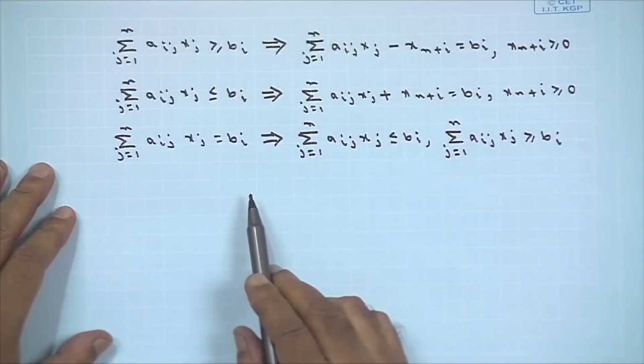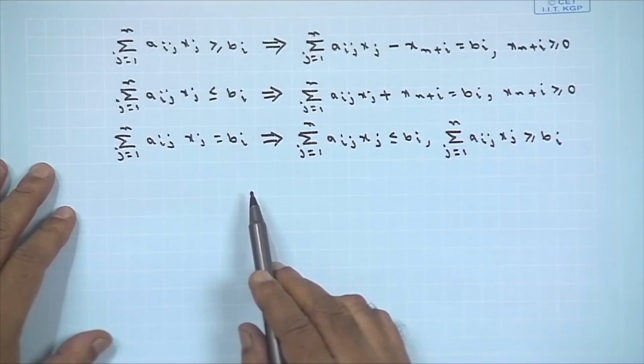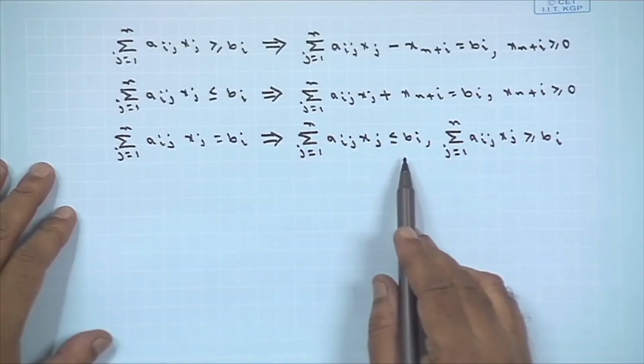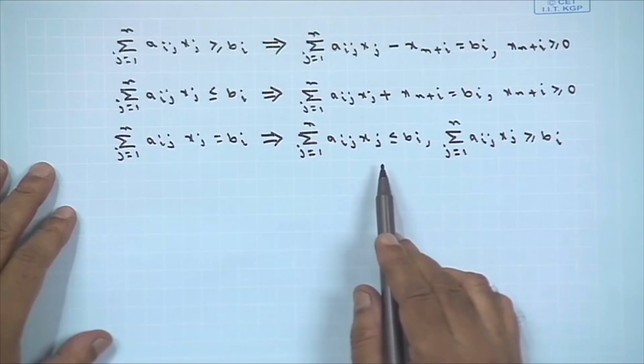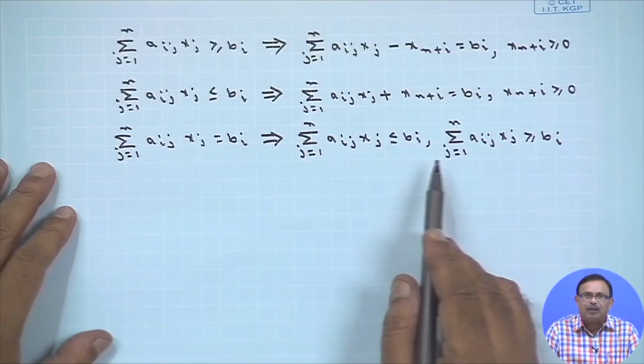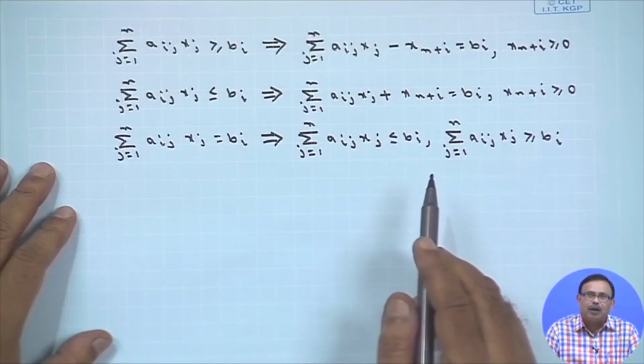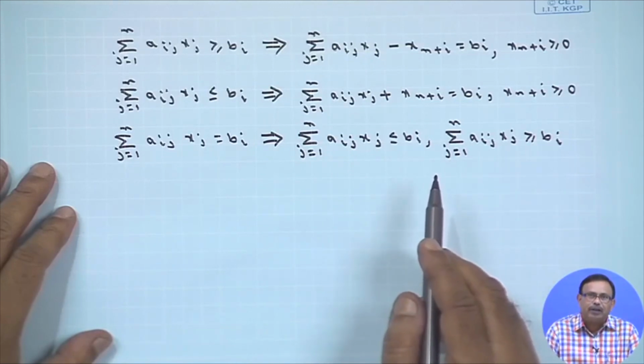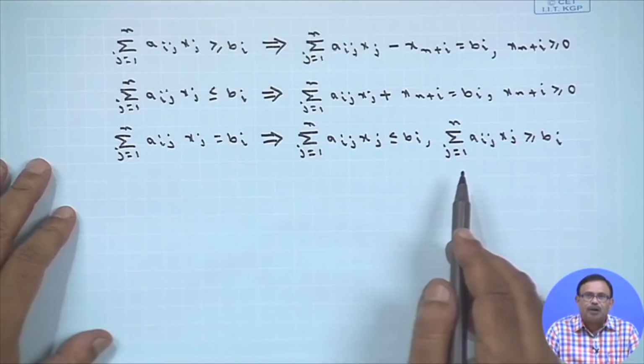So, if I have to convert the equality constraint into two inequality constraints, I can convert it like this.